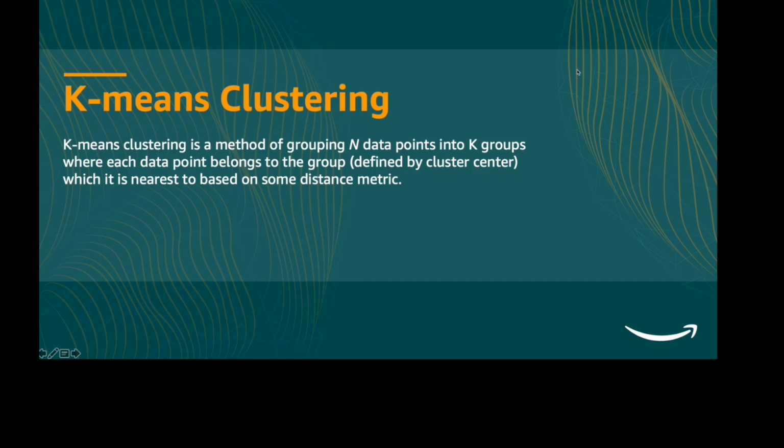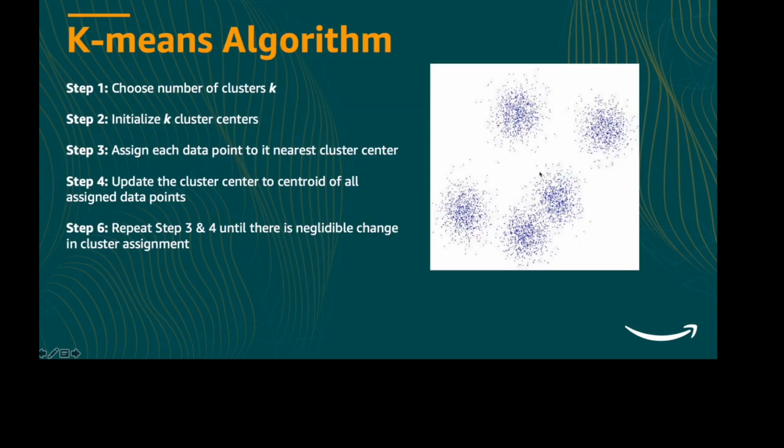Let me describe the k-means algorithm. It has basically five steps. Step one is to choose the number of clusters, which is k, given by the user. Since you have k clusters, in k-means the cluster is represented by the cluster center.